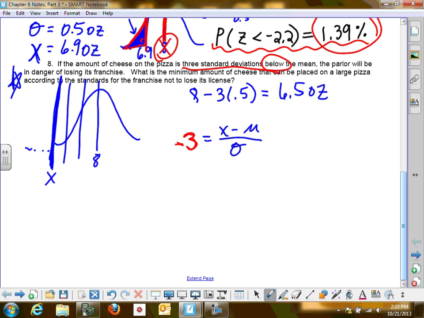X is what you are solving for, so you leave that as a variable. The mean is 8. The standard deviation is 0.5. Then from there you do algebra and you come up with the same 6.5 ounces. Alright, so there's your 2 different ways to do that.